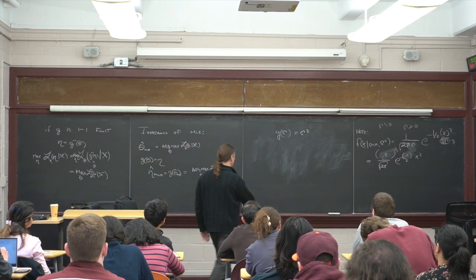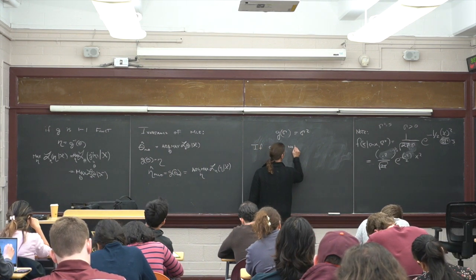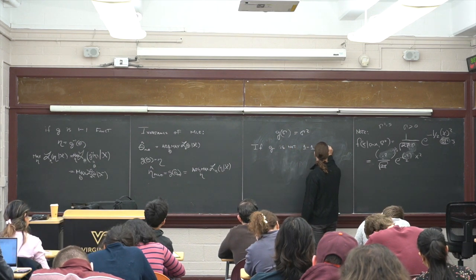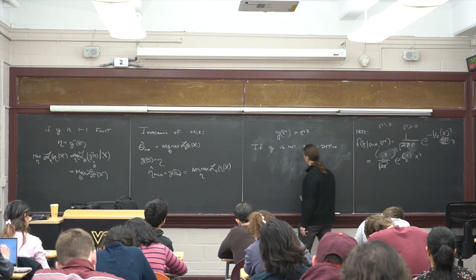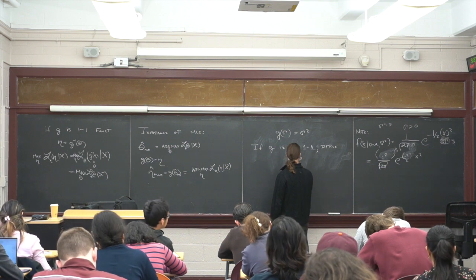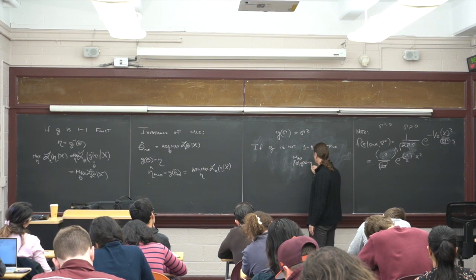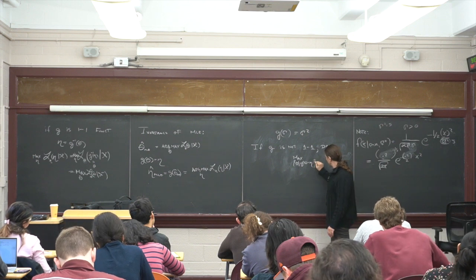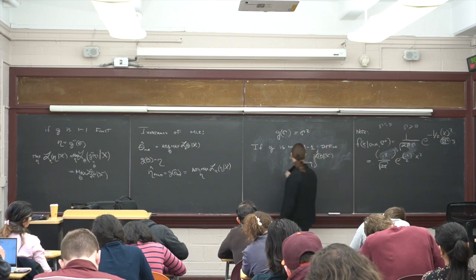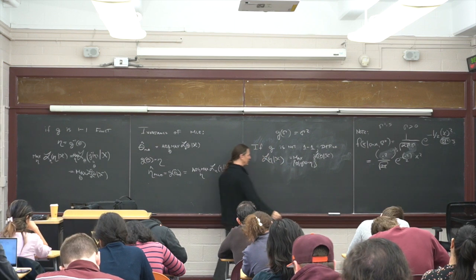So this is the definition that they gave you in the book. If G is not 1-to-1, we're going to define the likelihood on eta of x as the maximum over theta such that G of theta is equal to eta of the likelihood on theta of x.